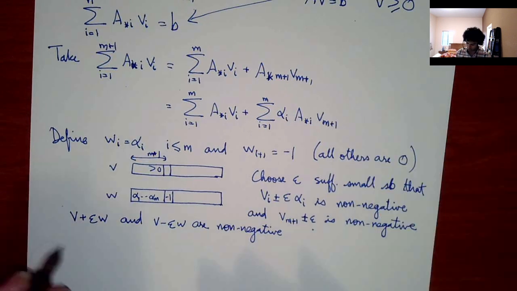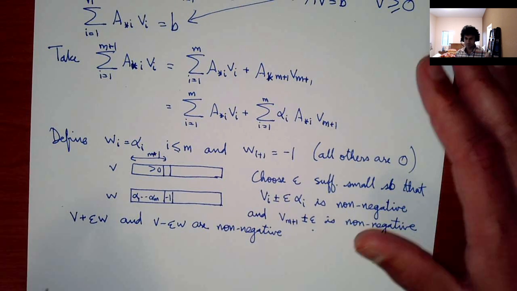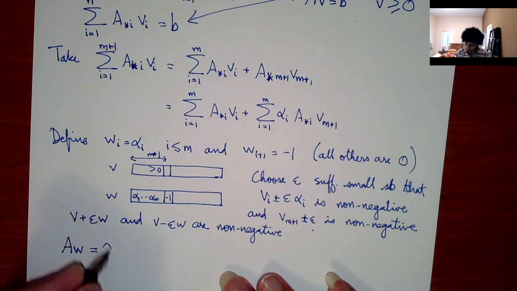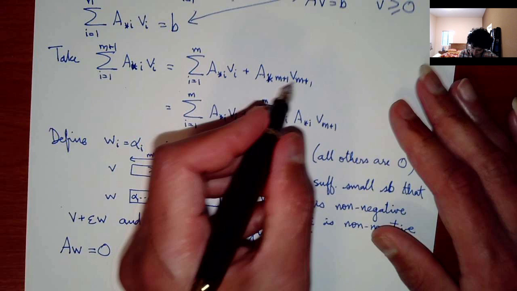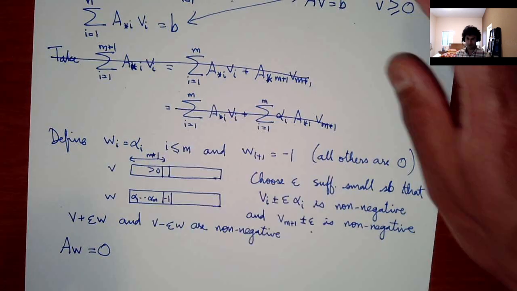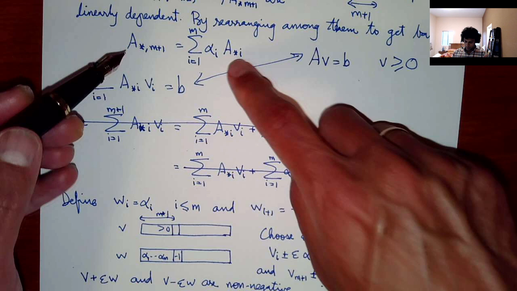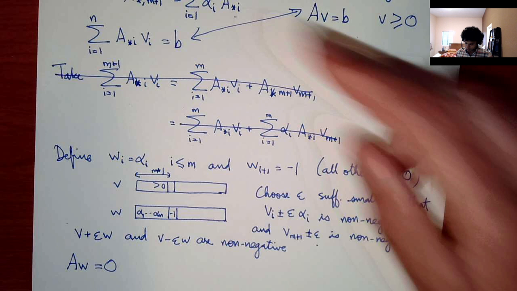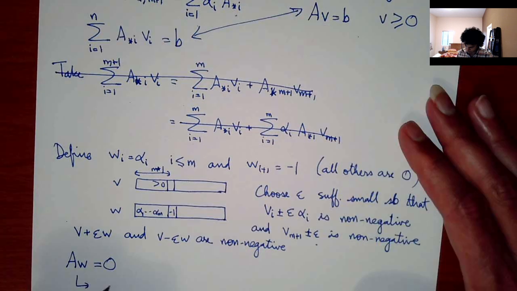Furthermore, here's what's important. I think this was written poorly by me. A times W is equal to 0. I'm sorry, that was a little confusing. A times W is equal to 0 because A times W is exactly the summation of i from 1 to m of alpha i A star i minus A star m plus 1, which is equal to 0 by the linear dependence.